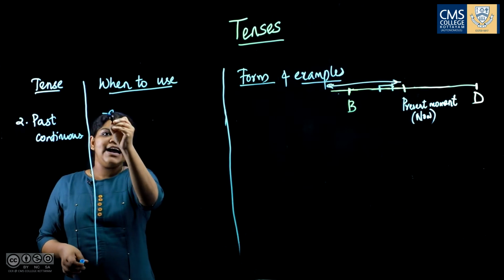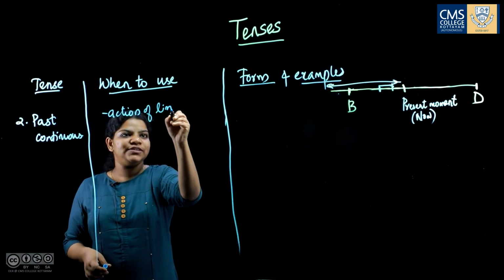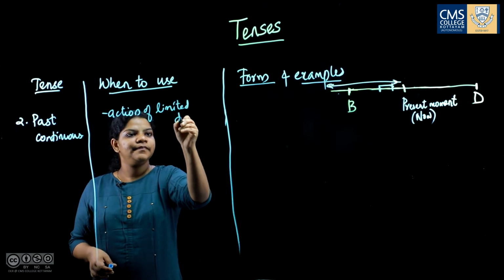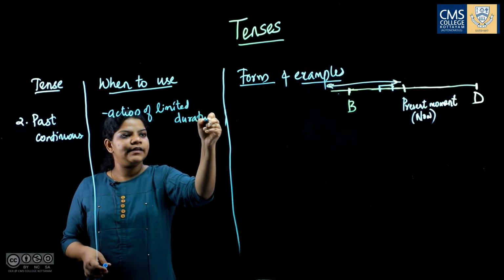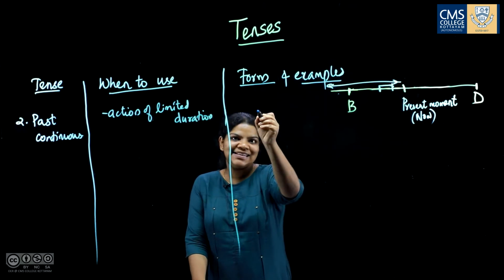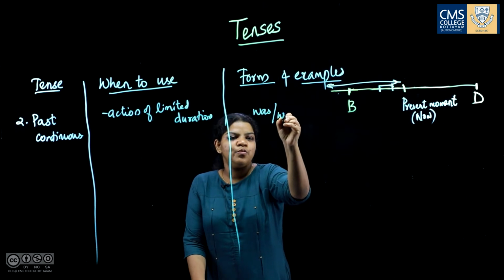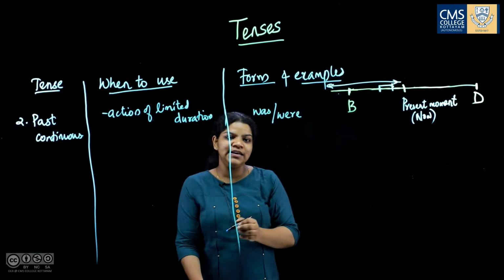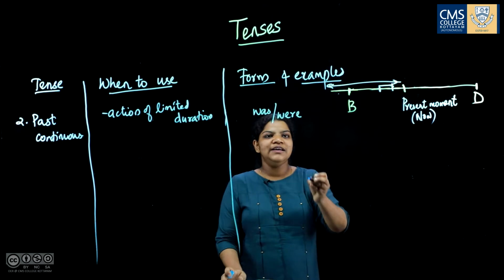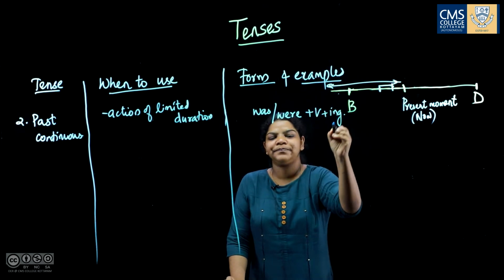So it's an action of limited duration. And the form we use for past continuous tense is was or were, depending on the number of the noun, plus the verb plus ing.